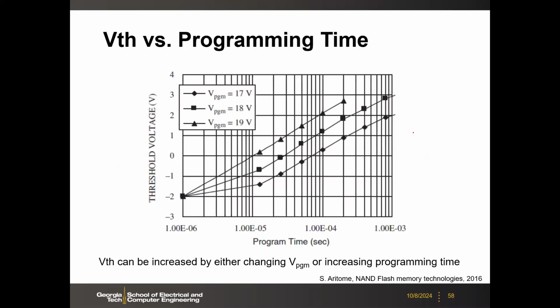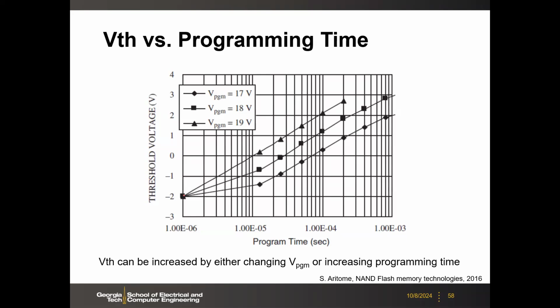So here, how do you do the programming exactly for this multi-level cell? You have to play with the programming condition. That means the programming voltage amplitude and also the programming pulse width. Here we show some data from some older technologies, but the principle applies even to today's most advanced technology.